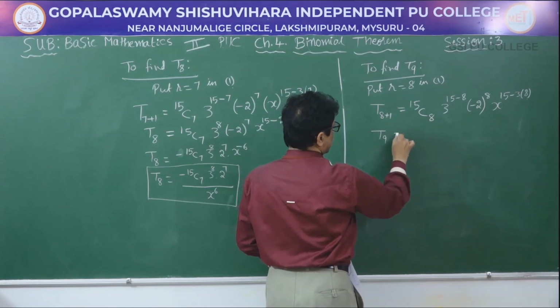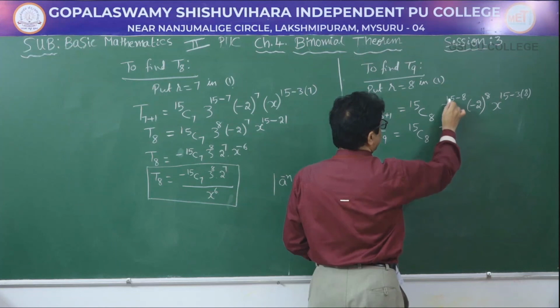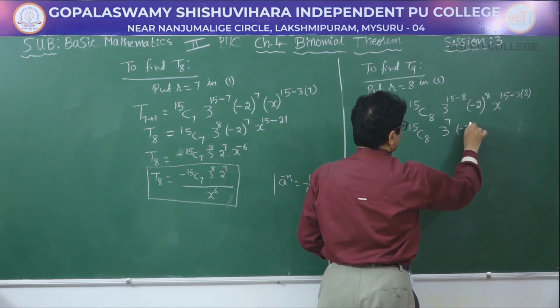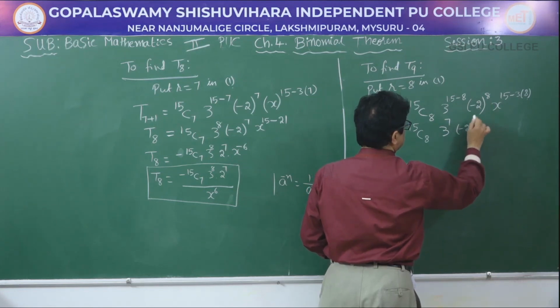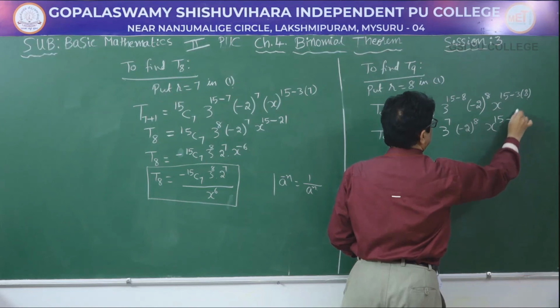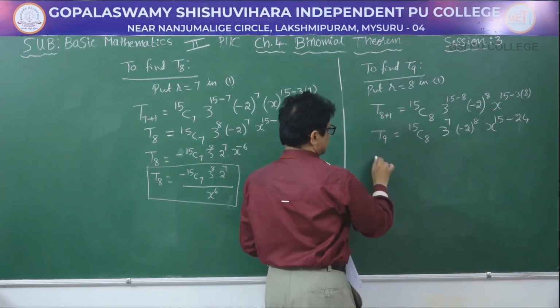So, T9 is equal to 15C8 into 3 power 15 minus 8 is 7 into (minus 2) whole power 8 into x power 15 minus 3 8s are 24.